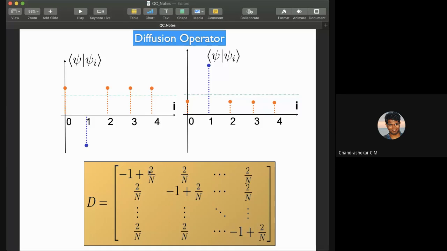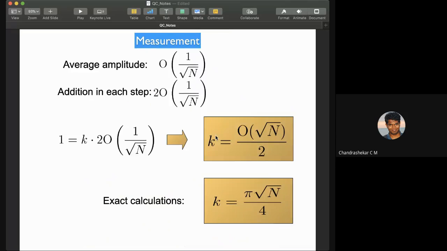Everywhere it reduces the amplitude at all these positions, but here it increases the amplitude at this position. So you have to iterate this a few times, square root of n times. It rotates the phase, which means that it flips and then amplifies the phase here. And the average amplitude at each time step increases by 1/√n at that particular marked position.